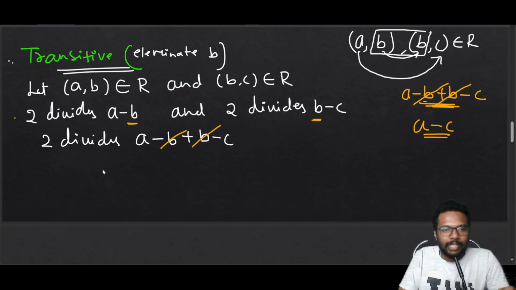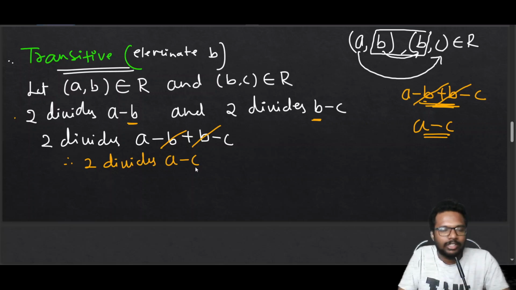Then 2 divides a minus c. Simple. If it is satisfied for a minus b, and if it is satisfied for b minus c, definitely it will be satisfied for a minus c. So if 2 divides a minus b and 2 divides b minus c, then definitely it divides a minus c. Obviously, which is true.